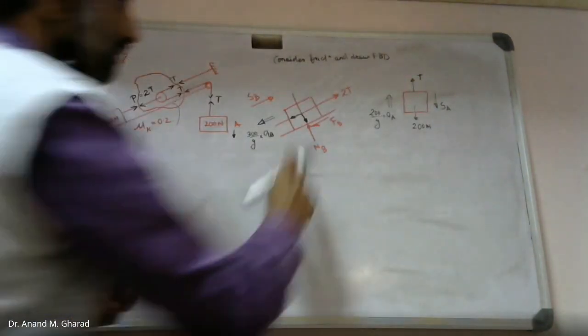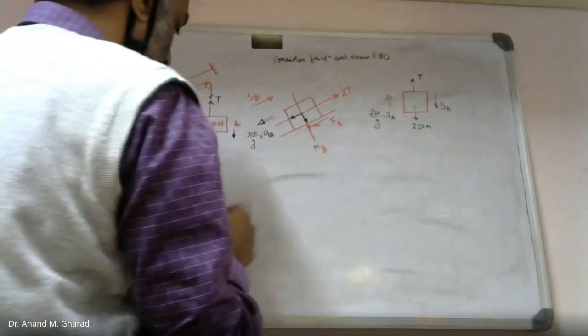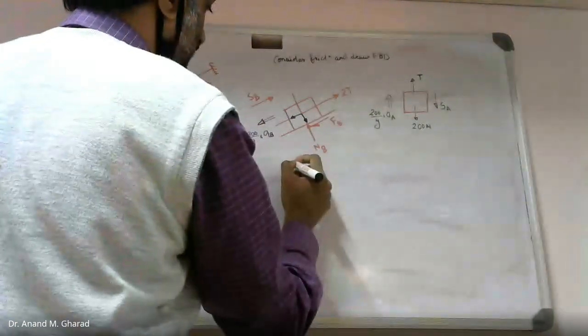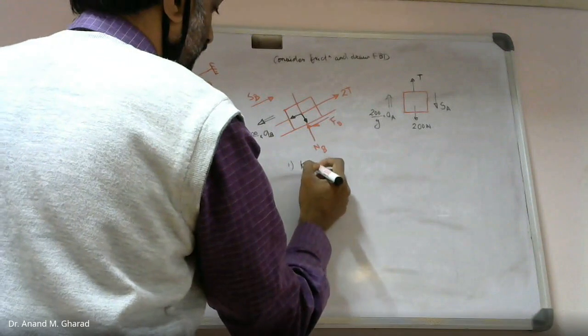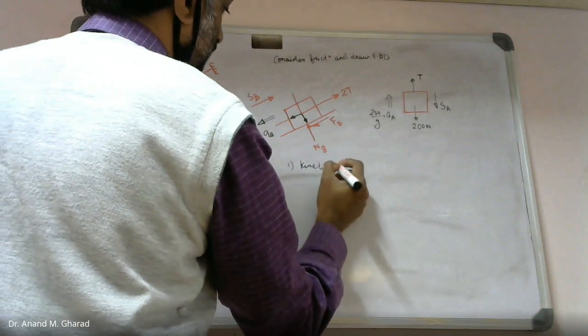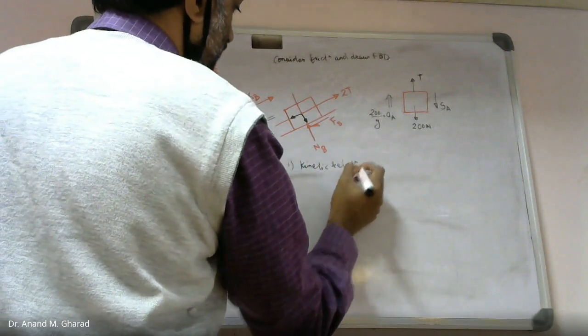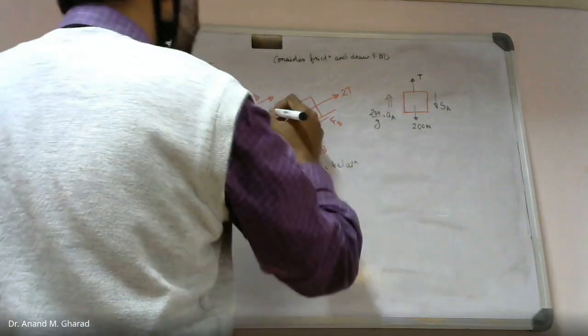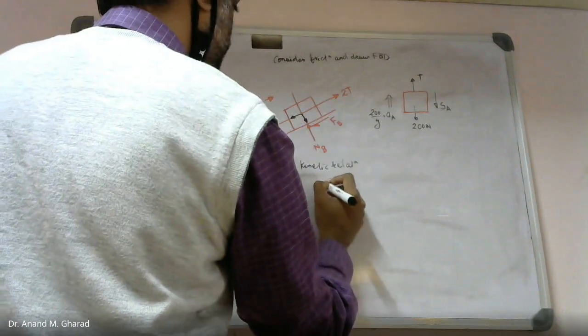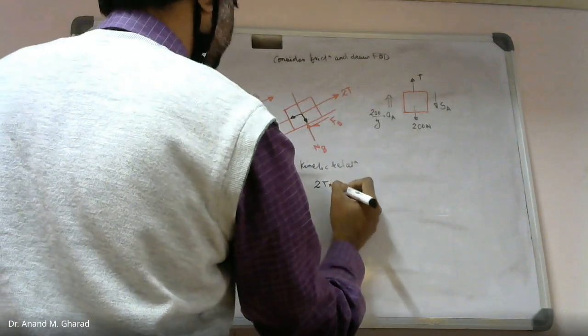You develop the relationship between AA and AB by assuming the kinematic relation. Over here, what you will find is the relationship is like this.